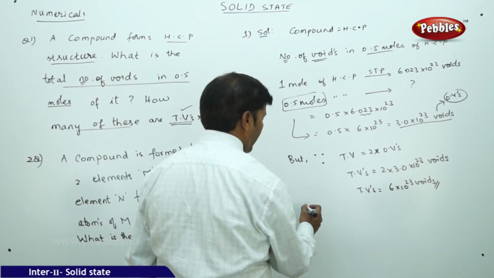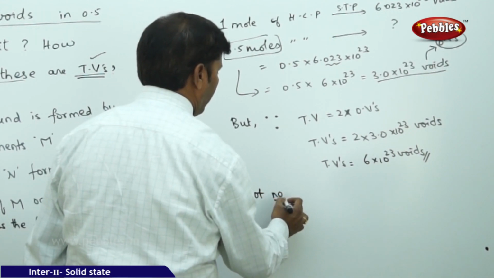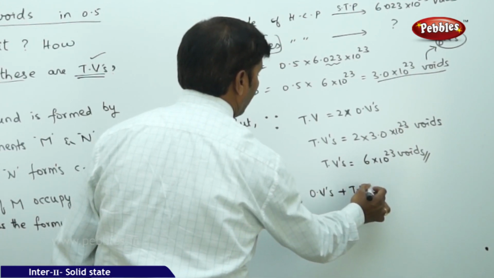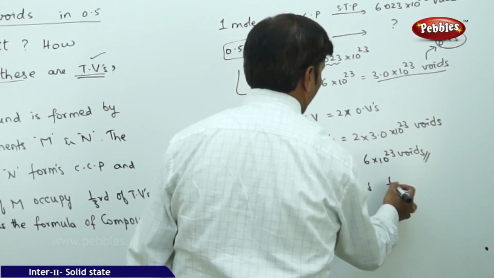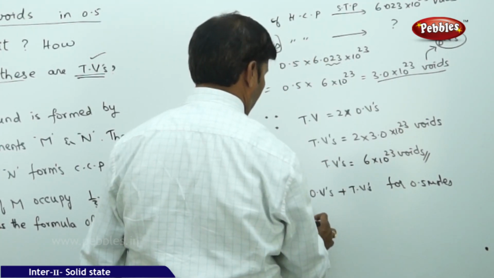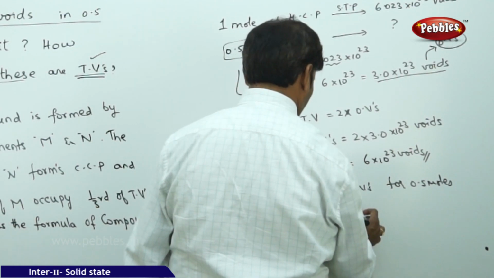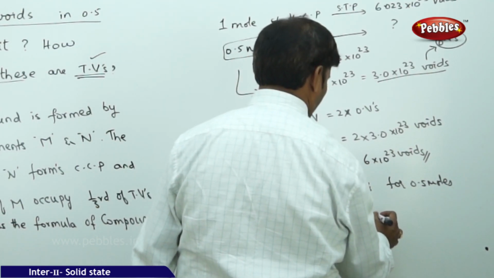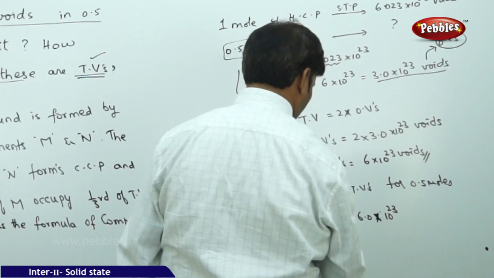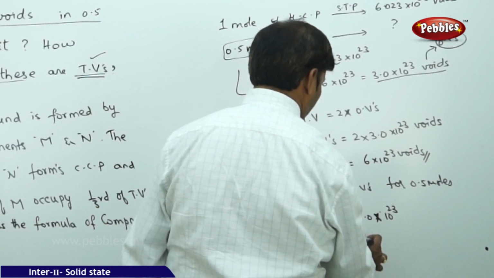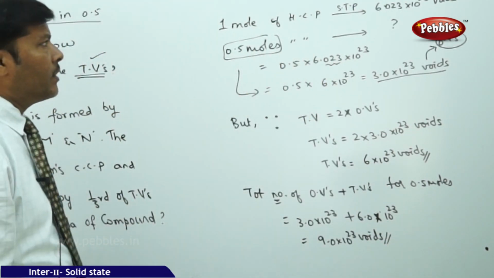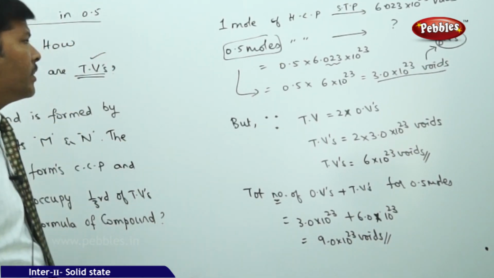Therefore, the total number of octahedral plus tetrahedral voids together for 0.5 moles is 3.0 into 10 to the power of 23 plus 6.0 into 10 to the power of 23, which is equal to 9.0 into 10 to the power of 23 voids present in the hexagonal closed packed structure for 0.5 mole.